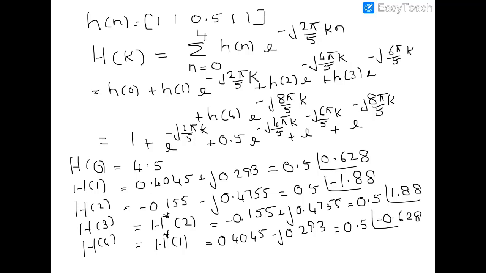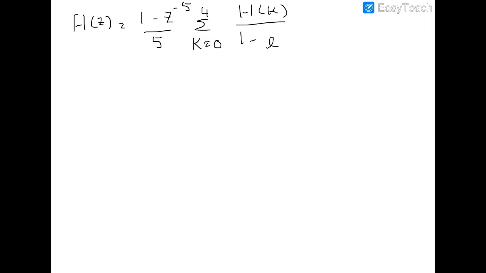Using these H values, we can get H of z. The formula is H of z is equal to 1 minus z to the power minus 5 divided by 5, summation k varying from 0 to 4 of H of k divided by 1 minus e to the power j 2 pi by 5 k z to the power minus 1.